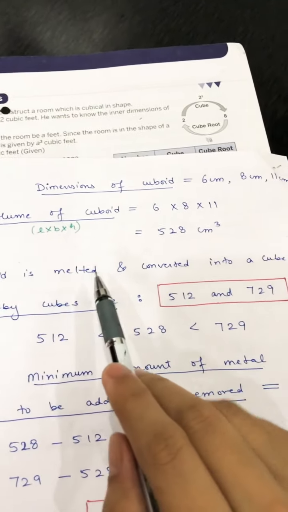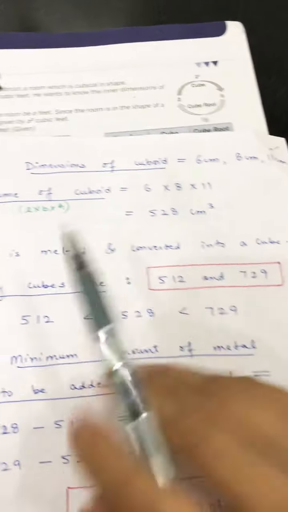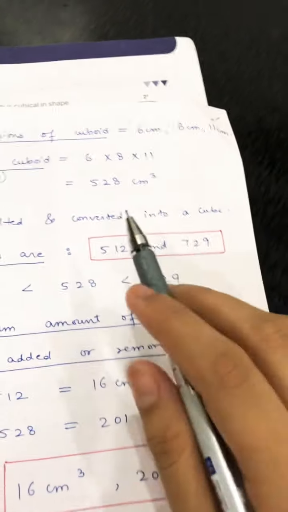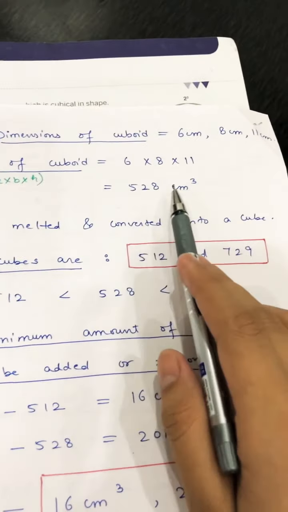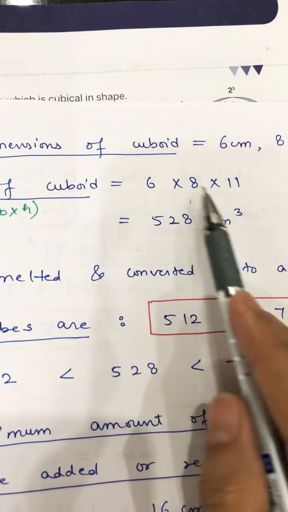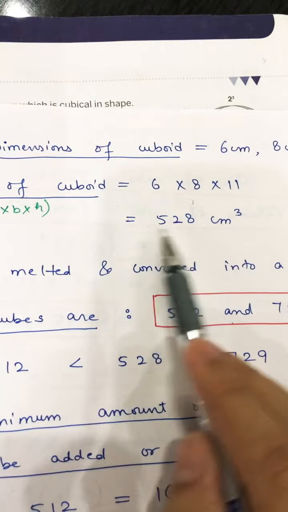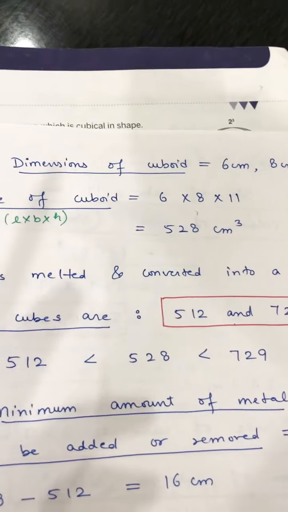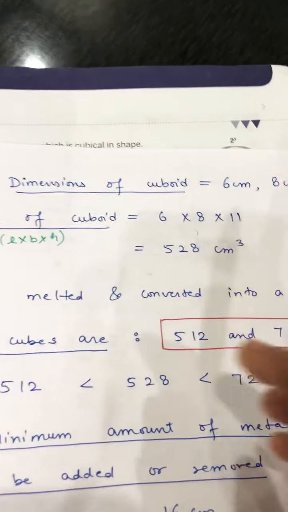Now the cuboid is melted and converted into a cube. This is your answer, the volume of the cuboid. Now you have to tell two cubes which are very close to this, one lesser and one greater.